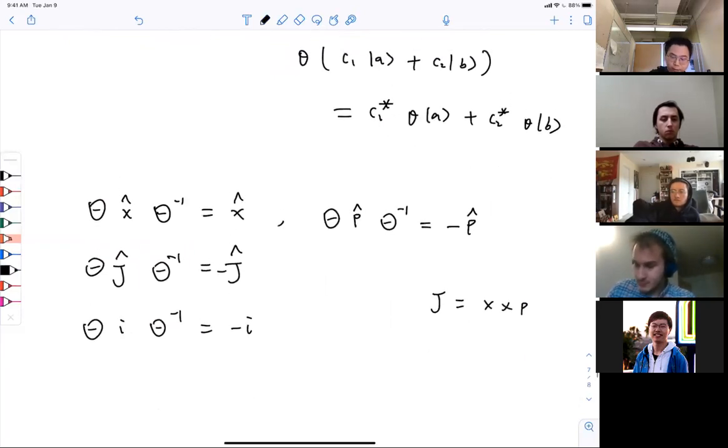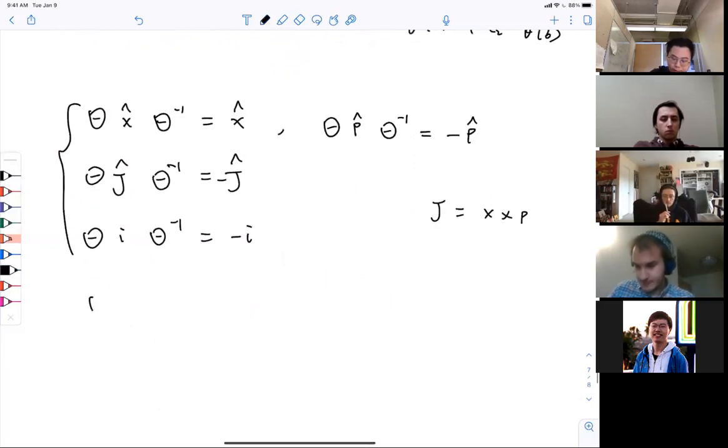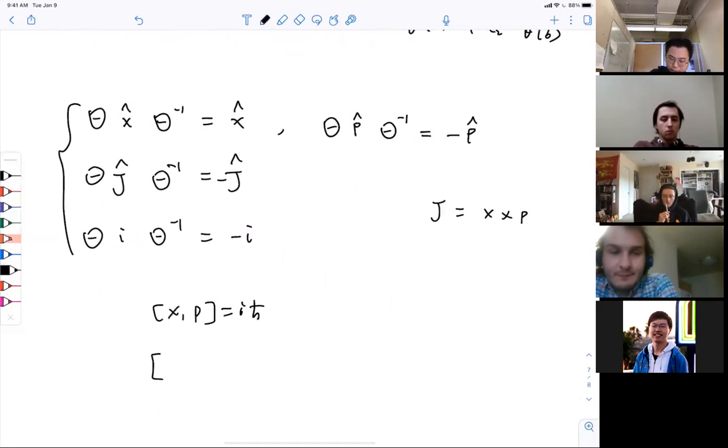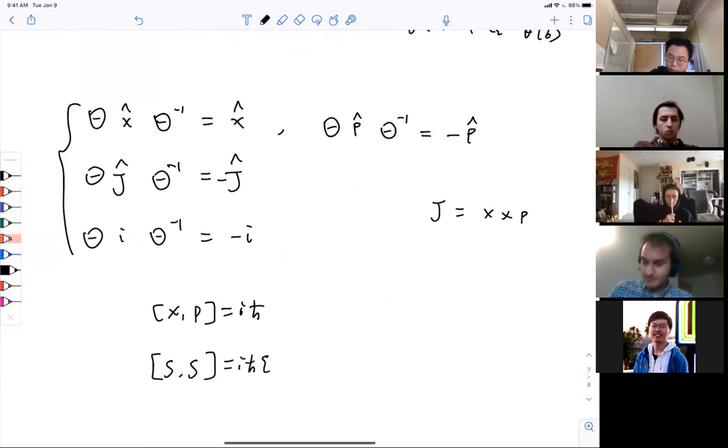So combined with all these properties, we can say that time reversal also preserves the basic commutation relations. This one is for X and P, and another one is for the spin. We always want to preserve these fundamental properties, right?